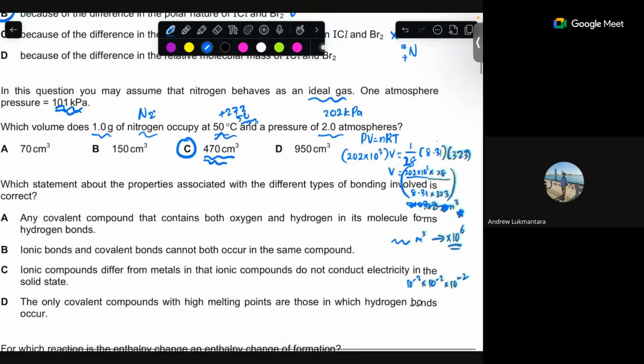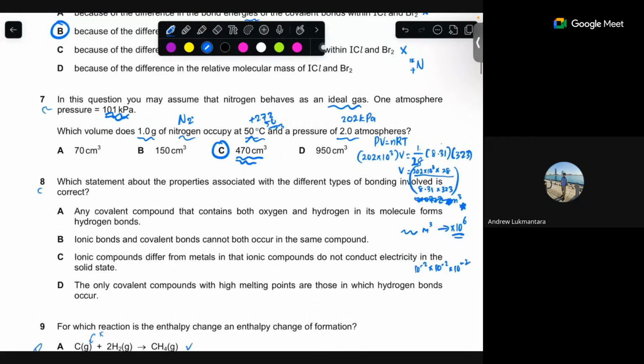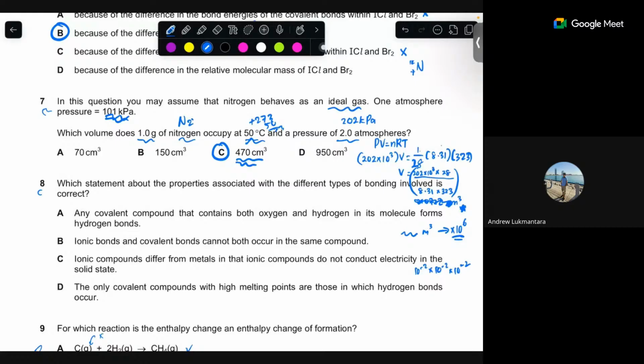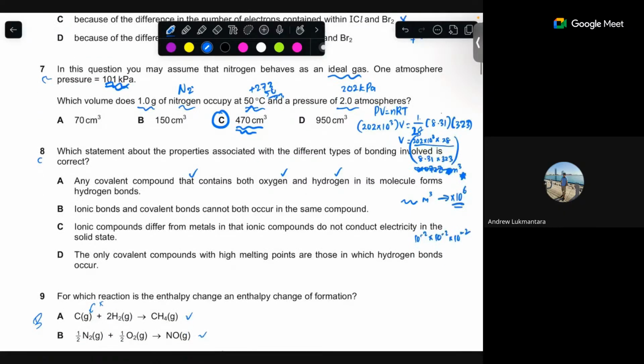Now, which statement about the properties associated with the different types of bonding involved is correct? Any covalent compound that contains both oxygen and hydrogen in its molecule forms hydrogen bonds. This doesn't mean that if you have oxygen and hydrogen in your molecule, you are going to get a hydrogen bond.